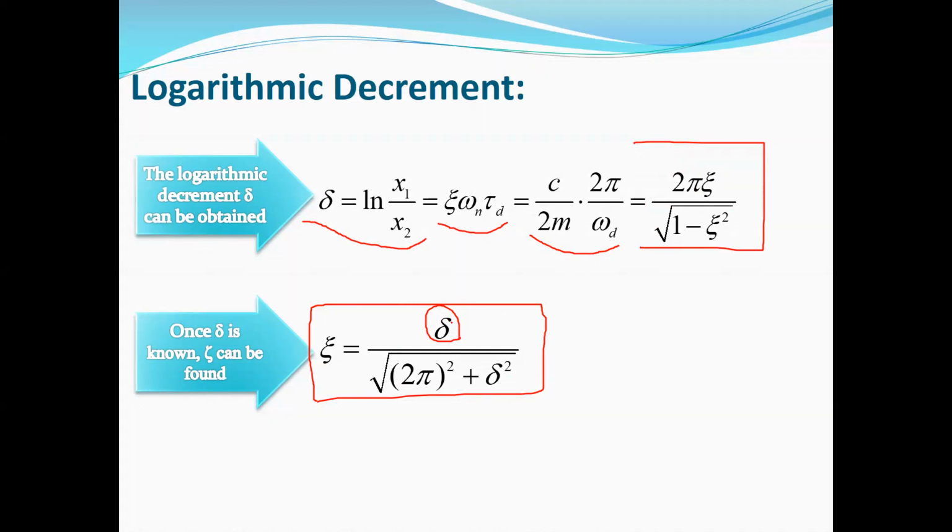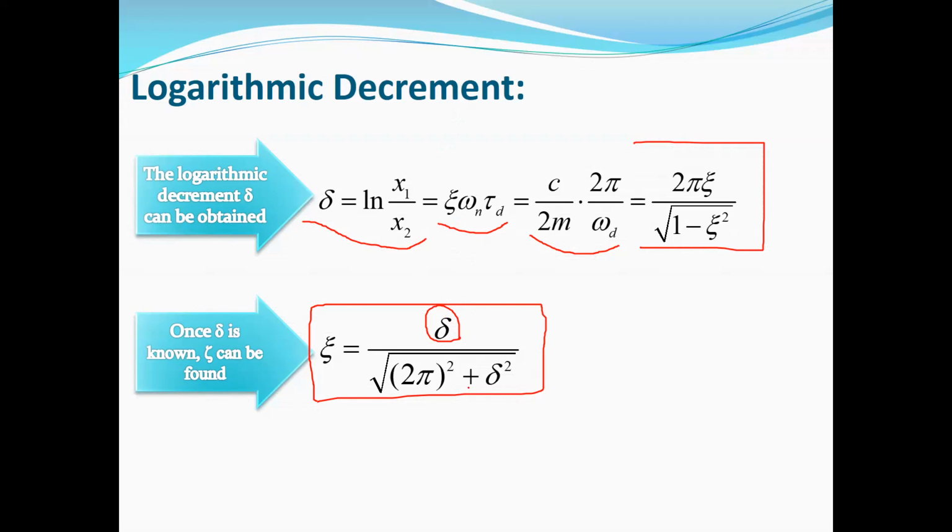So the practical application of the delta and logarithmic decrement, in real problems, is when you deal with a system that you don't have any information about the damping, you can use this equation.